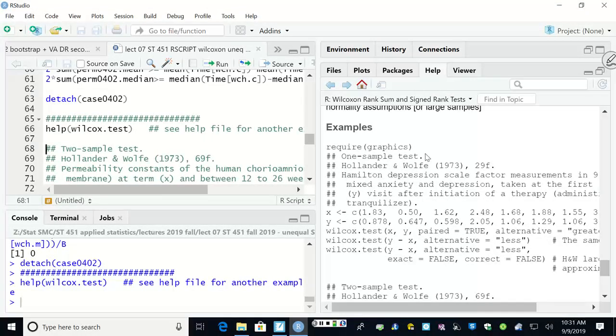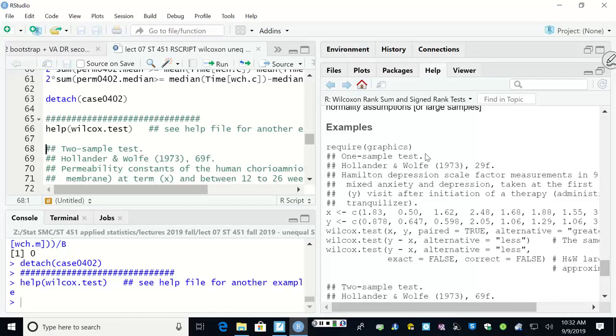And so this Hollander and Wolfe is a book on non-parametric statistics that goes through a huge number of data structures and talks about how you would compare different aspects of distributions without making a lot of assumptions about distributions. So it's not a bad reference, kind of a classic text.